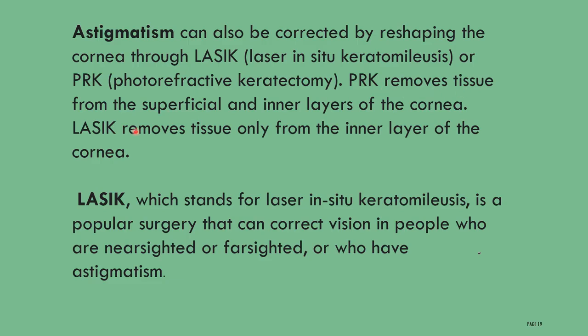PRK, what will it do? It will remove tissues from the superficial and inner layer of the cornea. And LASIK removes tissues only from the inner layer of the cornea. It will remove the dead tissues or harmful tissues from the cornea. Then this can be corrected using surgical treatment.